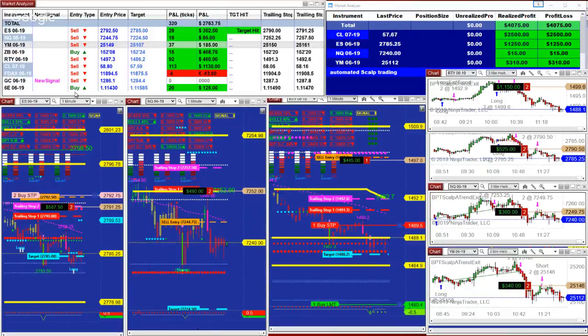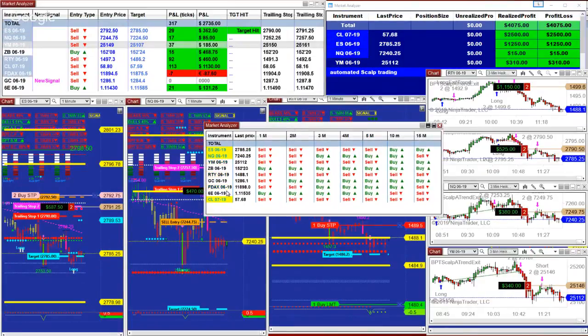There is a new signal on the gold sell. 86.1, target 84.4. You see, Ben, you see now we have a new signal on the gold. And as you see, it's a weak signal. Look at this. It's only the 1 minute. You see that? And all of it is buy.